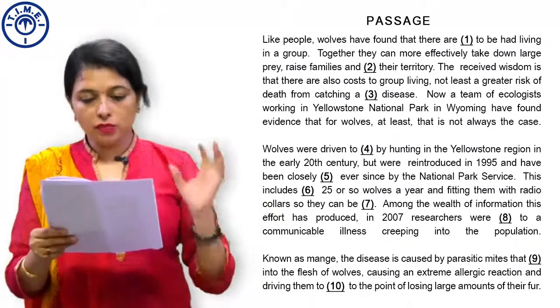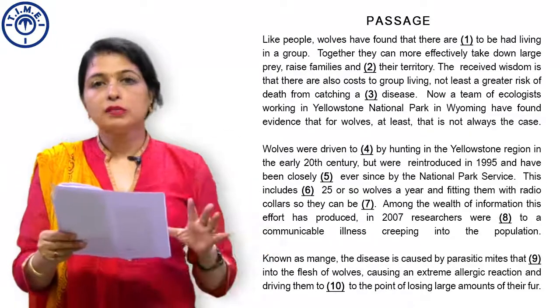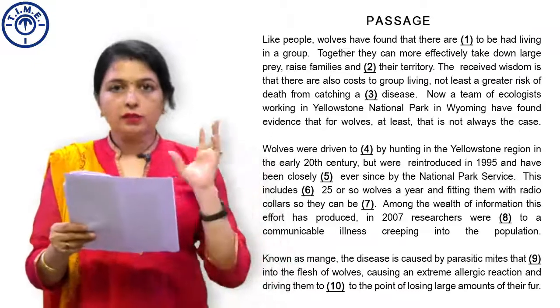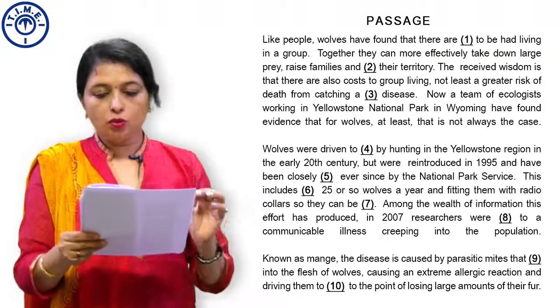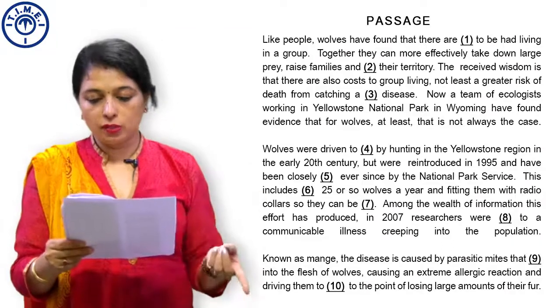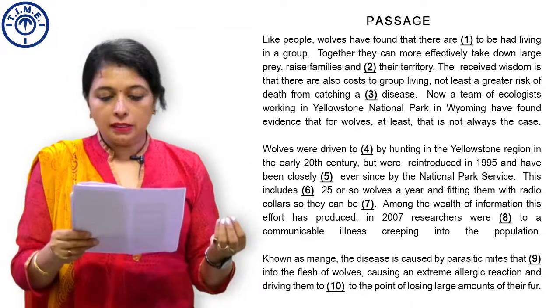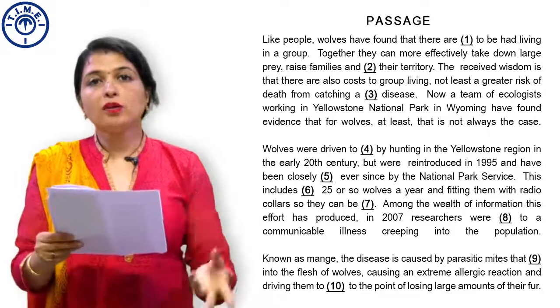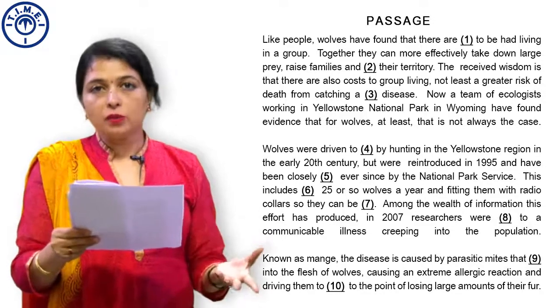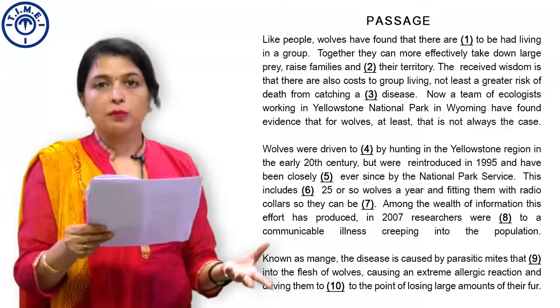Now, in spite of tracking, some contagious disease took hold of them and affected the wolf population. So, the author says among the wealth of information this effort has produced, that means the researchers were made aware of something, a communicable or contagious illness that crept into the population.